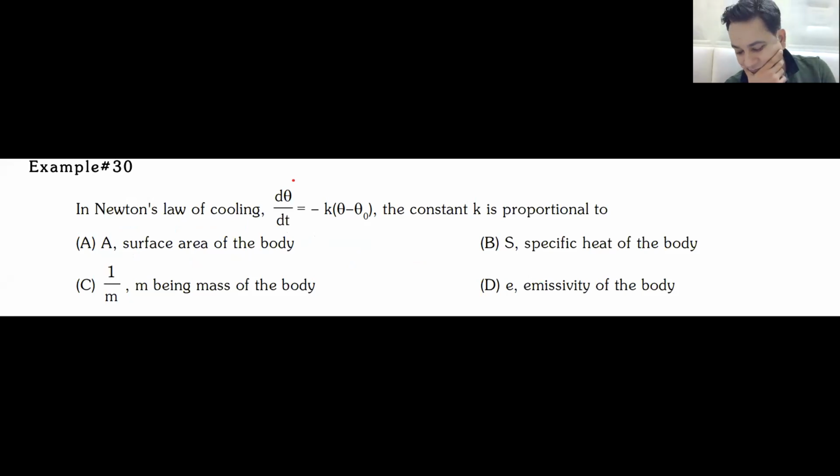Multiple choice. In Newton's law of cooling, d theta by dt is minus k times something. The constant of proportionality k is proportional to what?